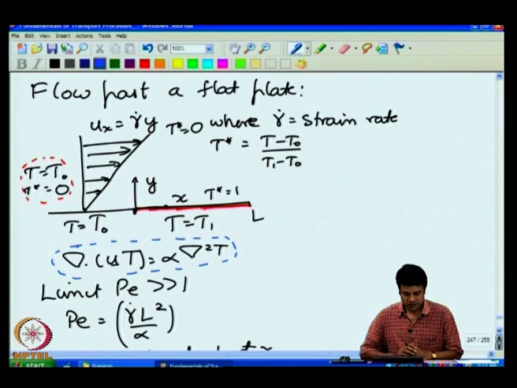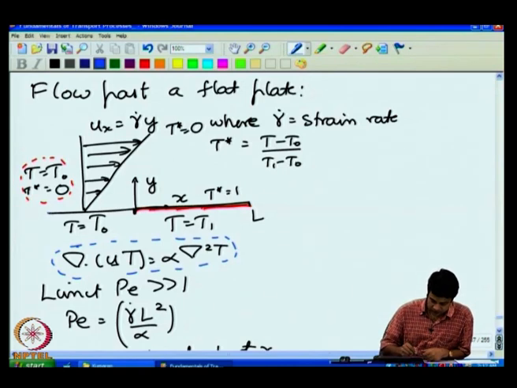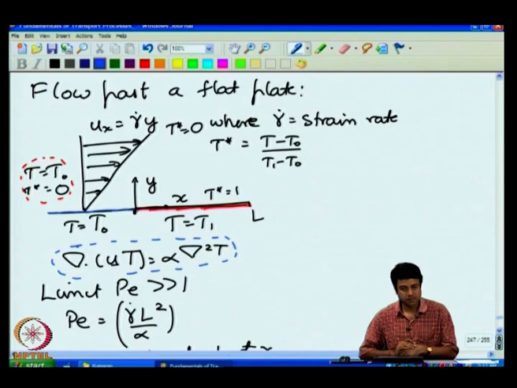The surface is unheated up to x is equal to 0. Okay. So, there is a cold section of the surface up to x is equal to 0, which is at the same temperature T naught as the incoming fluid. And at x is equal to 0, the heated section starts, T is equal to T1, and it continues for some length L.